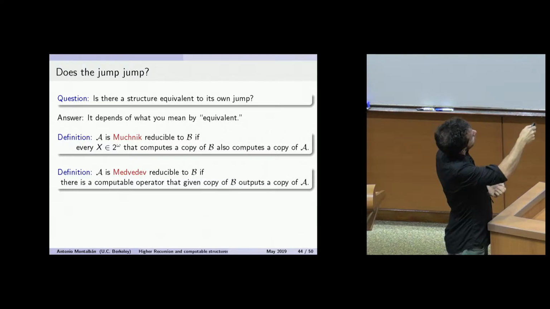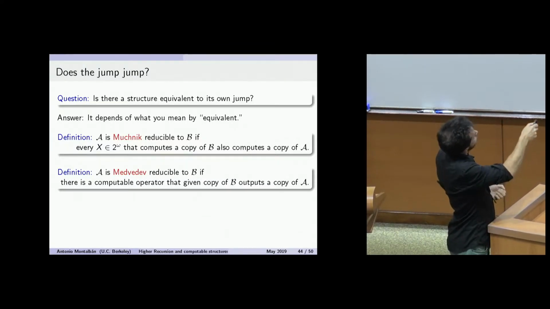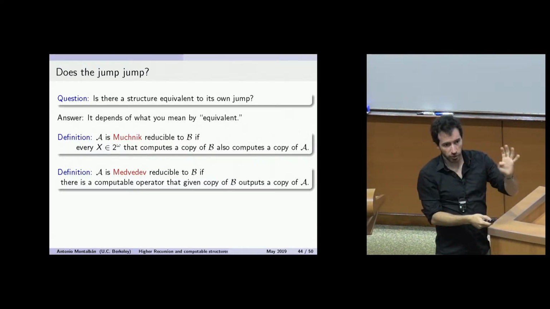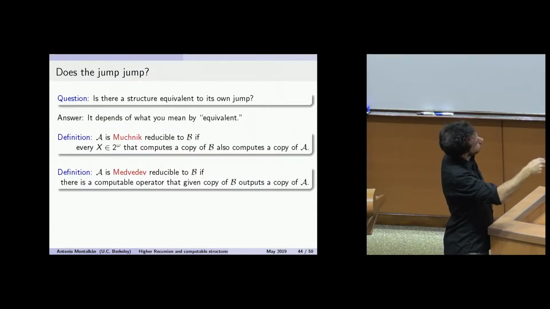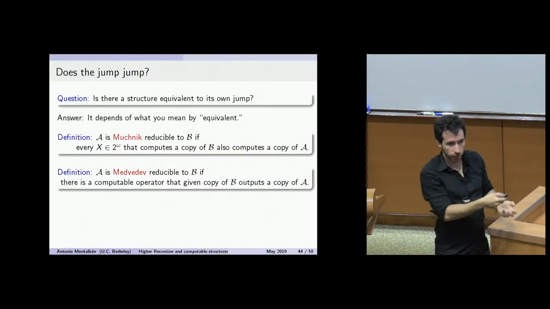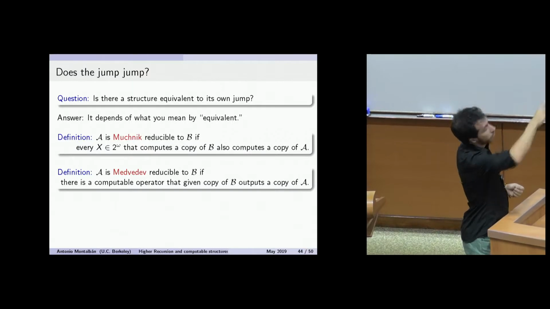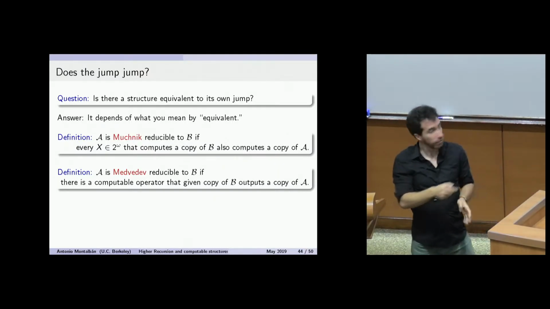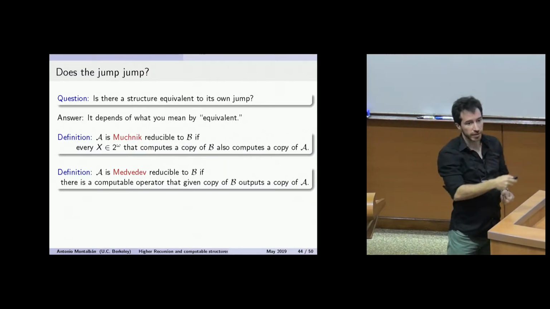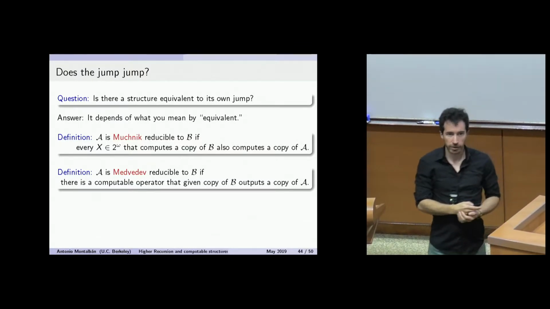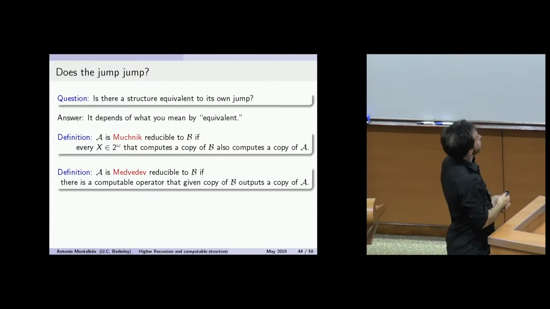A is Medvedev reducible to B if there is a fixed computable operator that, given a copy of B, produces a copy of A. So it's a uniform way of saying this: you have one way of transforming copies of B into copies of A. And then we get an equivalence.